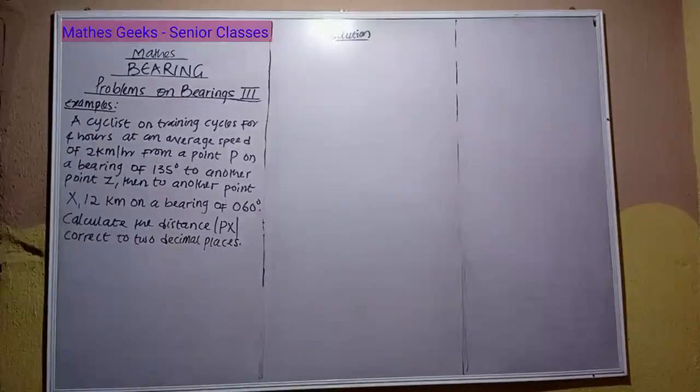A cyclist on training cycles for 4 hours at an average speed of 2 kilometers per hour from a point P on a bearing of 135 degrees to another point Z, then to another point X, 12 kilometers on a bearing of 060 degrees. Calculate the distance PX correct to 2 decimal places.